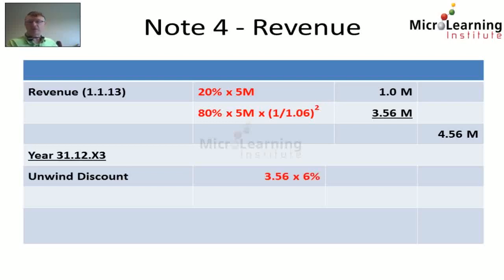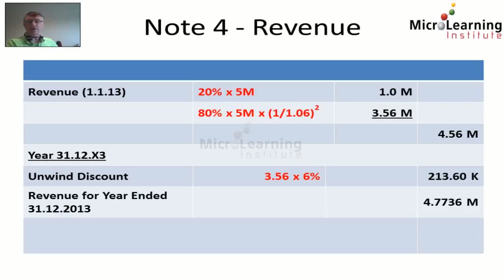And of course, the discounted amount is 3.56, and we need to unwind a further 6% of that because 1 year has elapsed since we initially discounted the 5 million by 2 years. So therefore, the unwound discount component is 213.6. So therefore, the revenue that's recognized for year ended the 31st of December 20x3 is 4.7736 million.